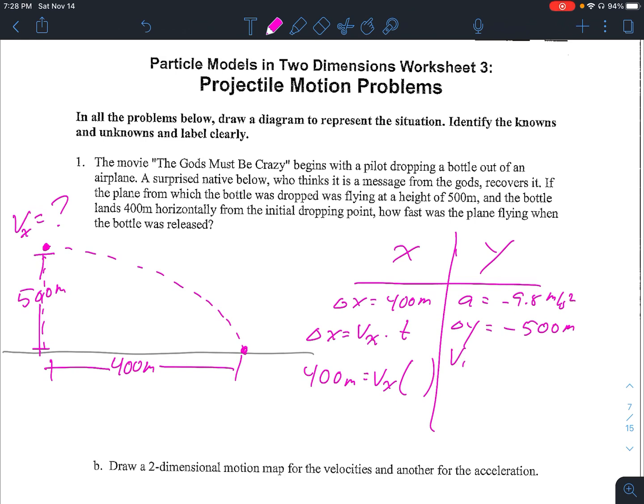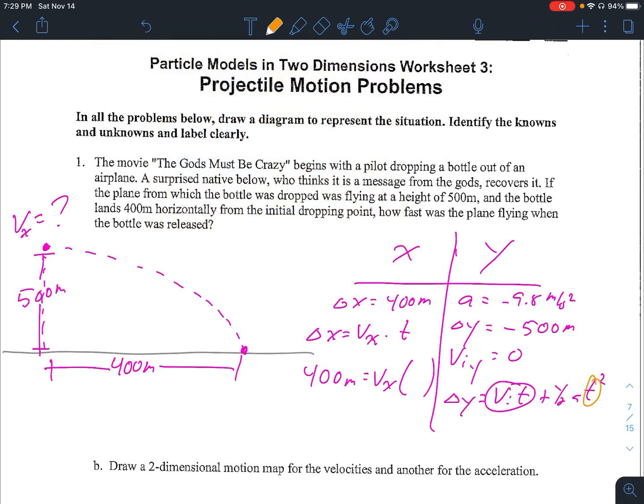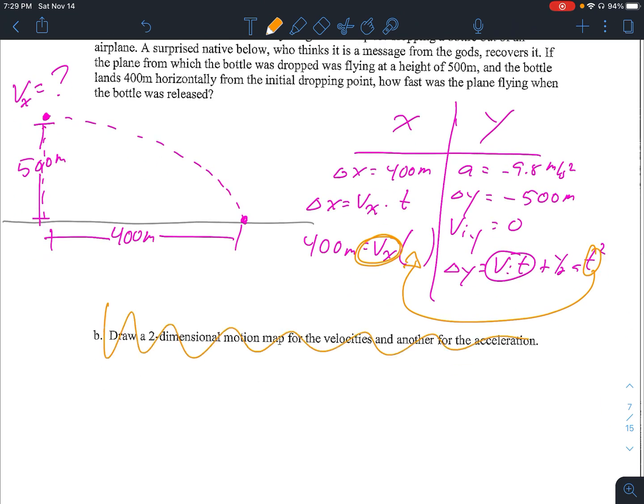We know our initial y velocity was also 0, so we're going to use that same equation that we did before, where the Vi t will drop off as 0. We solve for the t, plug that in over here, and we can solve for Vx. And we know how fast the plane was moving. We don't need to do the motion map. And again, if you need the numbers, refer back to Schoology under the homework folder.